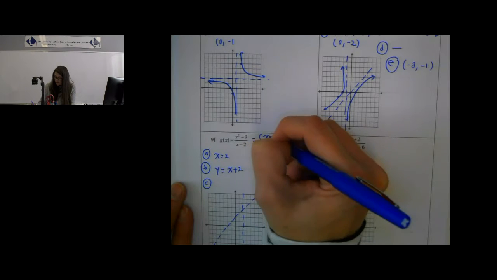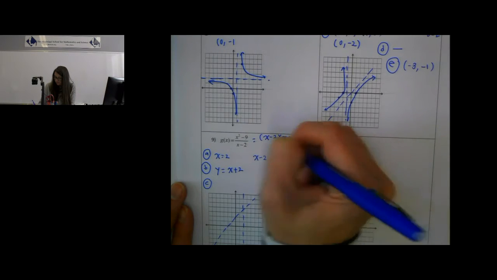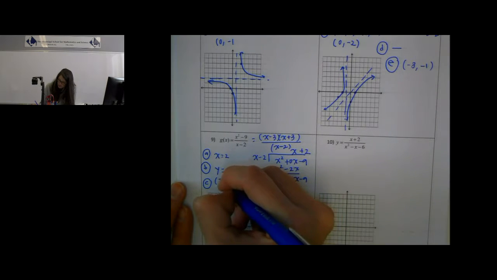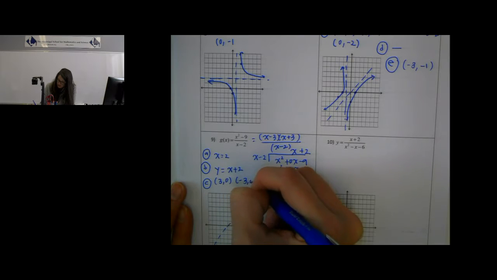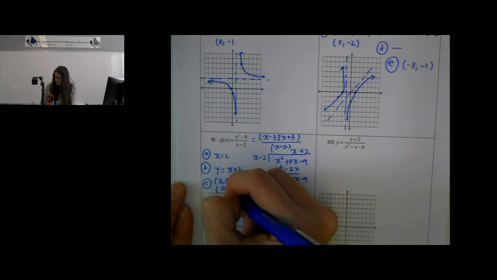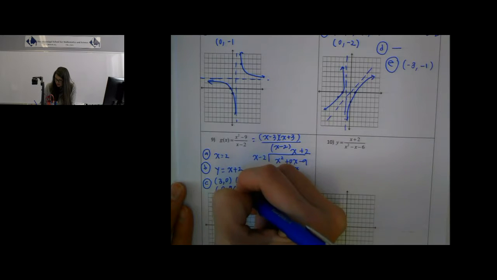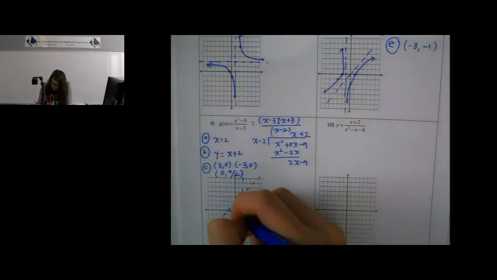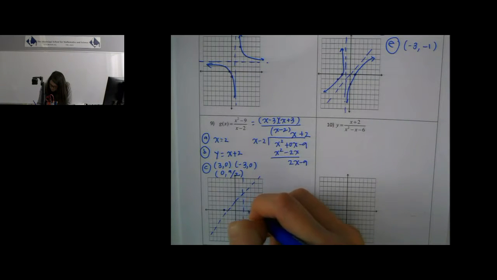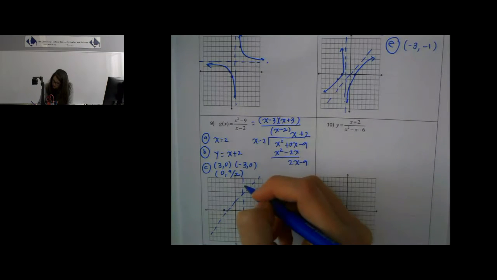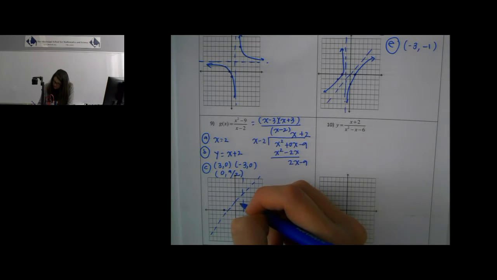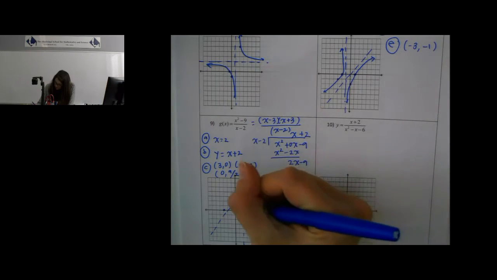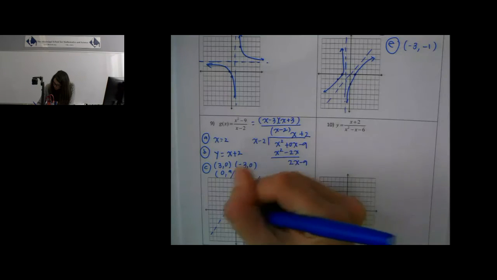The numerator can factor to x minus 3 times x plus 3. Nothing can simplify. So your x-intercepts are going to be 3, 0 and negative 3, 0. And then your y-intercept is going to be 9/2, so 0, 9 halves, 4.5, somewhere up there.